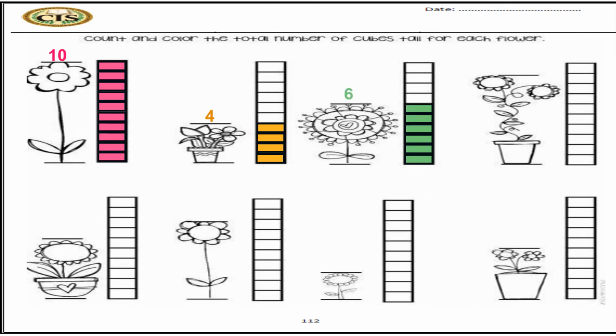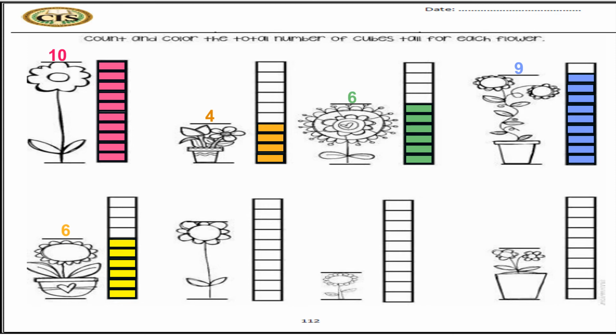6 cubes. Flower number 4. 1, 2, 3, 4, 5, 6, 7, 8, 9. 9 cubes. Flower number 5. 1, 2, 3, 4, 5, 6. 6 cubes.